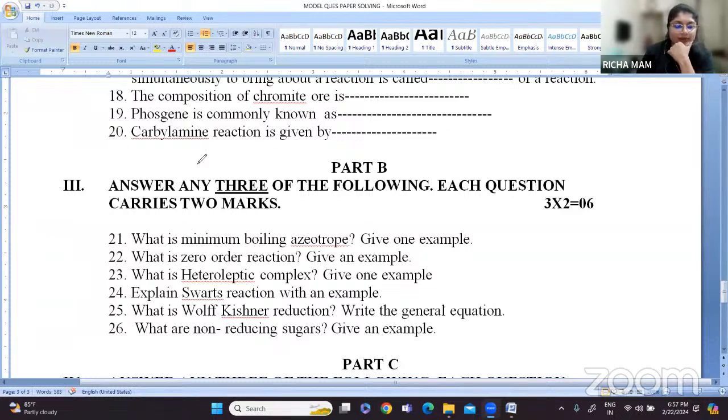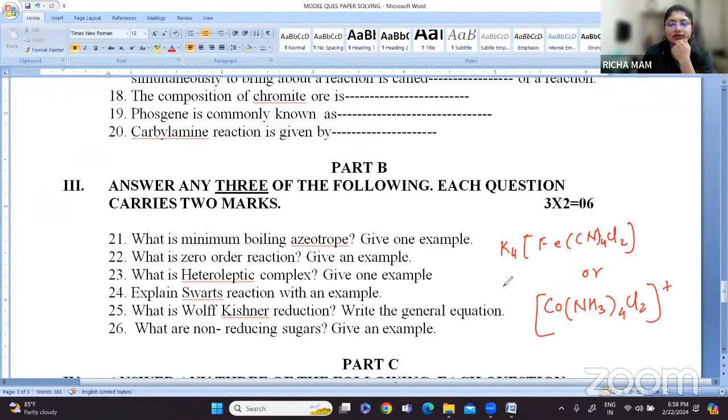So in heteroleptic complexes, the metal is bound to more than one kind of donor atoms. This is the definition. For examples, you can give any one complex, such as [CoCl2(en)2] or cobalt [Co(NH3)4Cl2]+.